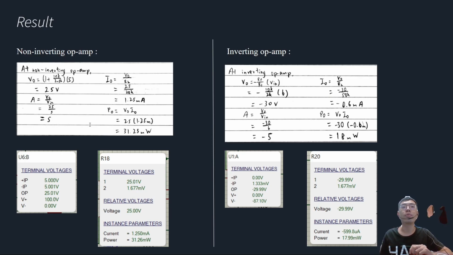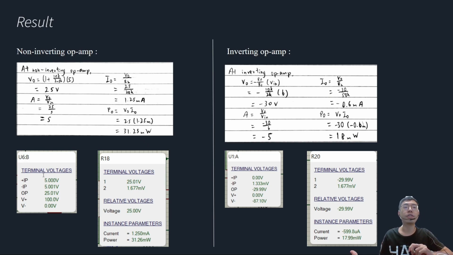It produced a gain of 5, with an output of 25 volt, 1.25 milliampere output current, and output power of 31.25 milliwatt.